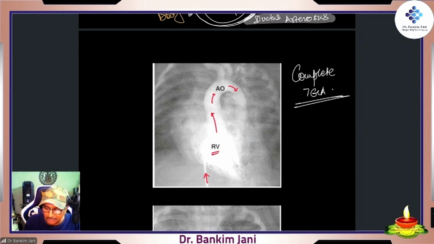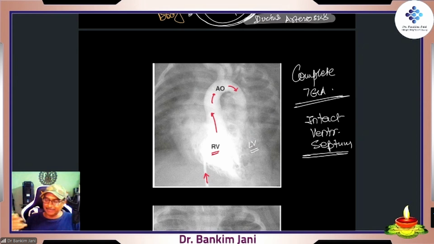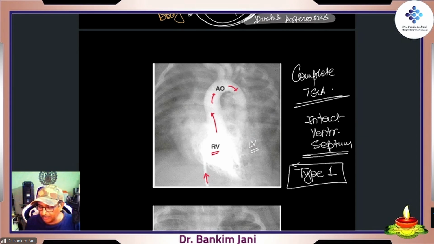But no, it is not seen. Left ventricle is pretty clean. So that means we are having intact ventricular septum, right? So when we say this is complete TGA with intact ventricular septum, so then we stamp it as that we are dealing with type 1 transposition of great arteries, type 1 TGA, right?